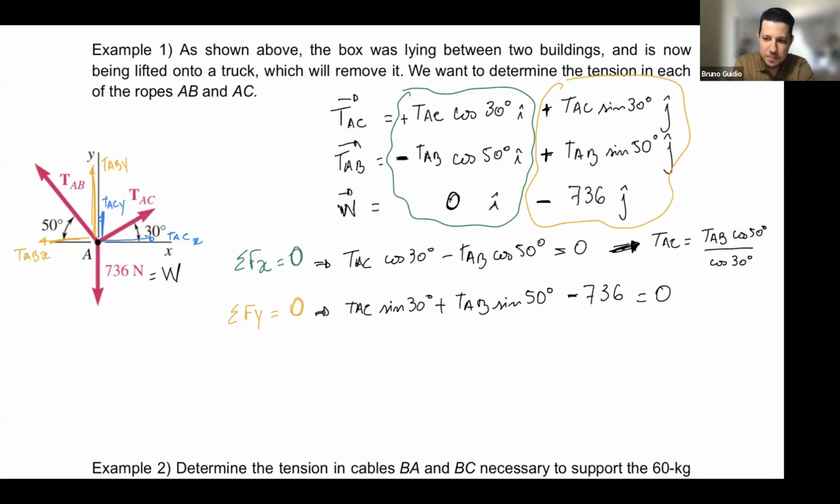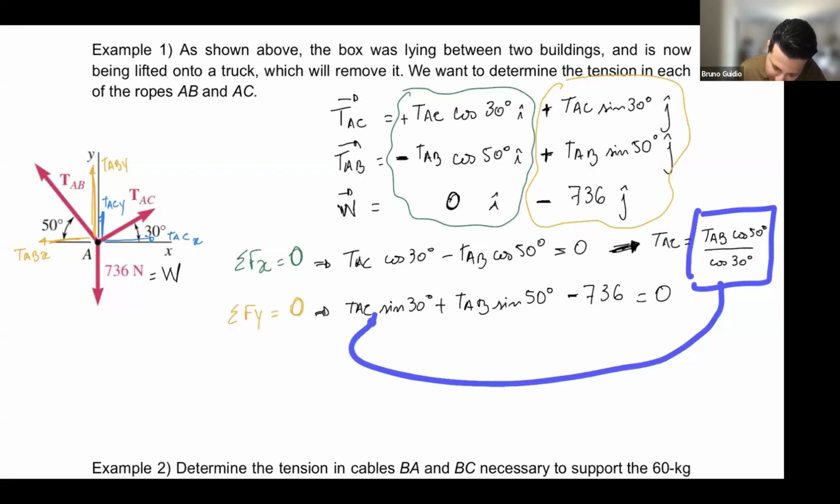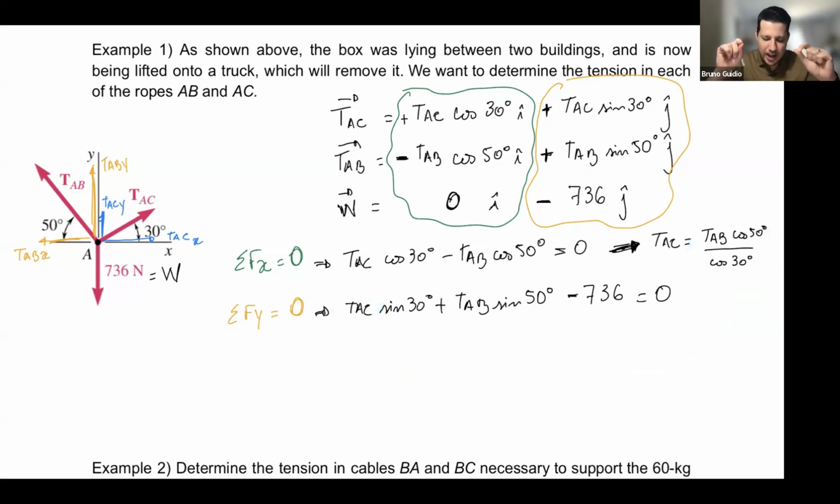So, system of equations. I'm going to bring this expression in place of TAC, right here. Now, guys, please pay attention. This is where I got the most mistakes on the test every single year.